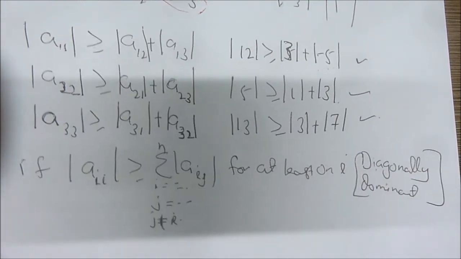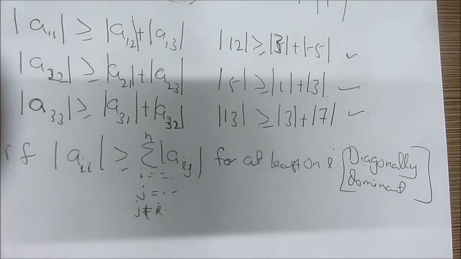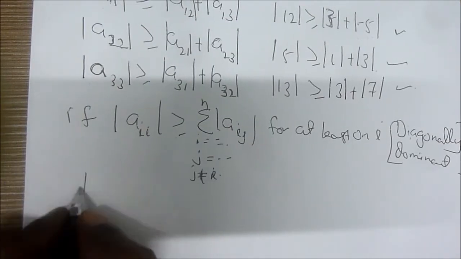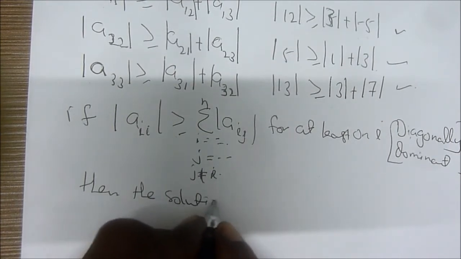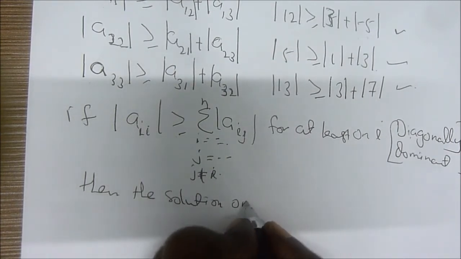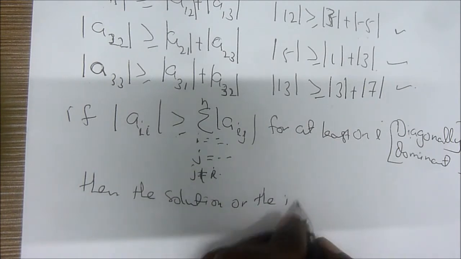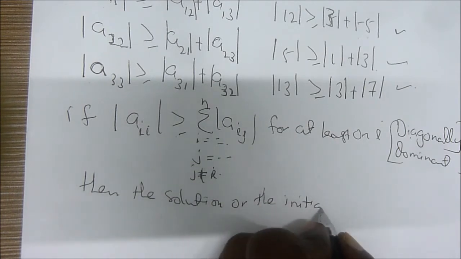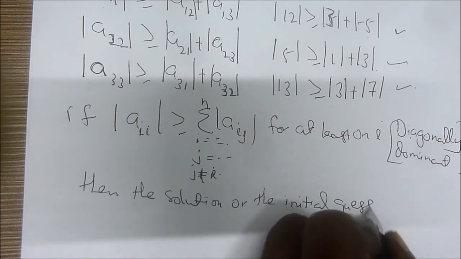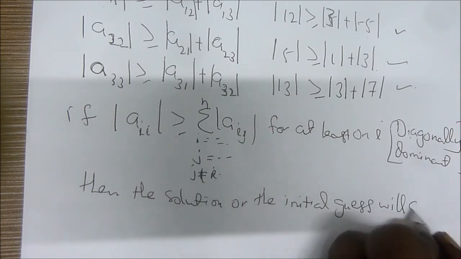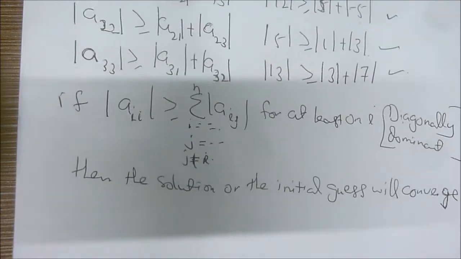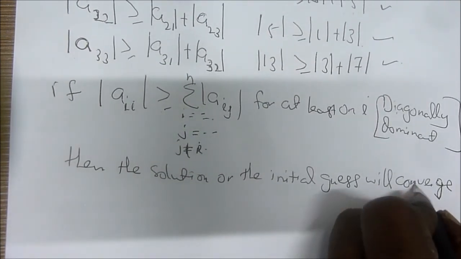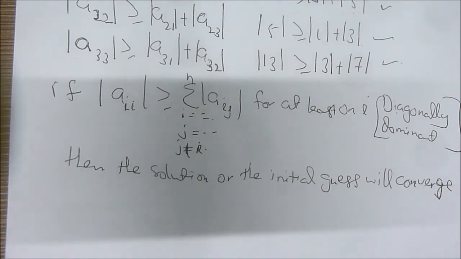If it is diagonally dominant, then the solution from the initial guess will converge. Converge means it is possible to get an answer. Otherwise, it's not easy to converge. It never converges. You need to go on and on and on.